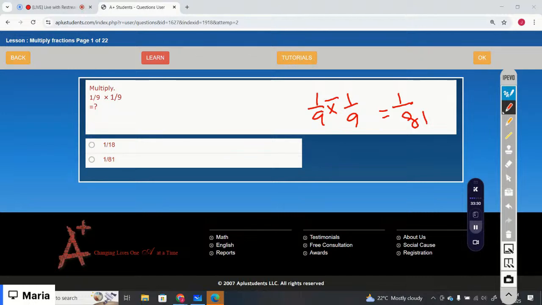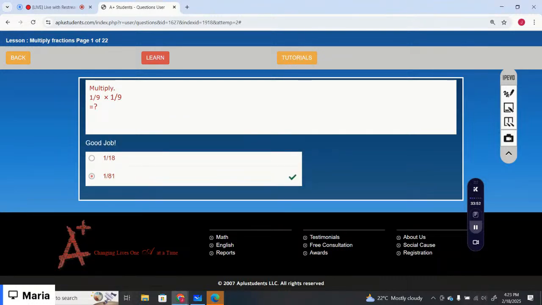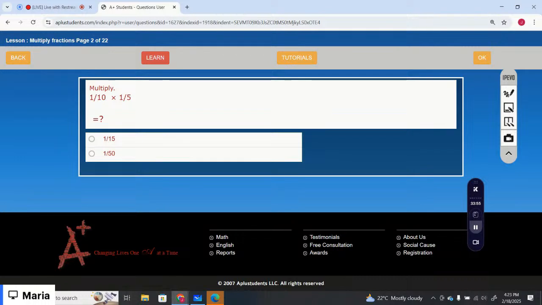That is 1 over 81. Option number 2 is the correct option. One by 10 times 1 by 5.